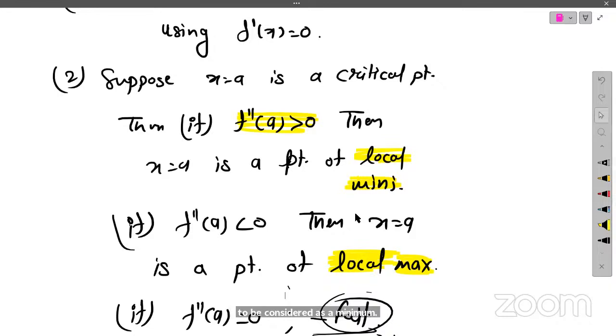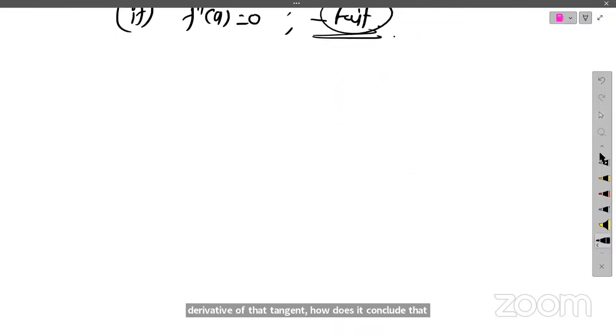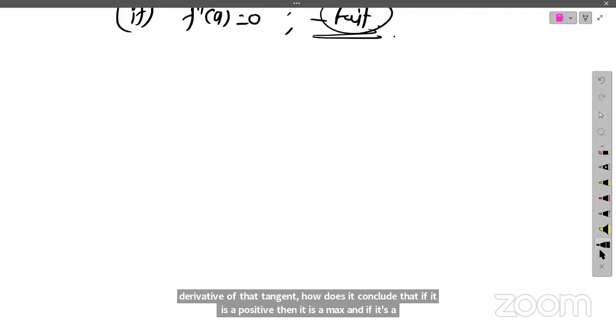You're asking for the proof, right? From a graphical point of view, at any point which is a maxima or a minima, if we draw a tangent, the rate of change is constant, so that's why f dash at a is equal to 0. But how does the second derivative conclude that if it is positive, then it is a minimum, and if it's negative, then the other way around?